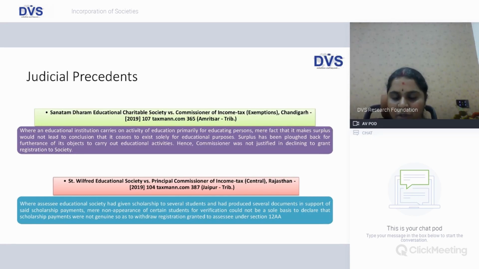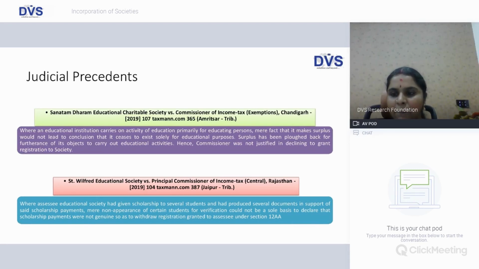They took a sample of 25 students for verification, and few students gave response and few students could not give the response, and mere non-appearance of certain students for verification cannot be a sole basis to declare that the scholarship payments were not genuine, because the educational institution provided sufficient proof and established the fact that the scholarship payments were made in terms of vouchers and the relevant books of accounts being maintained by the educational institution.